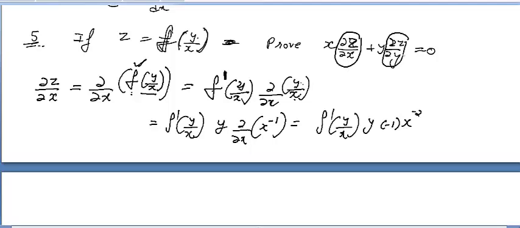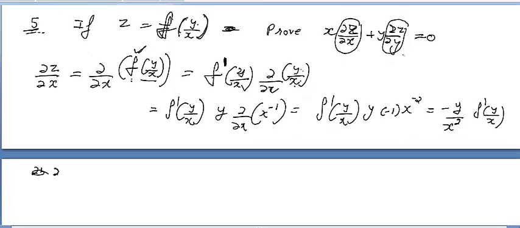So you will get minus y upon x square and f dash (y over x). You will keep this thing as it is, and we will find derivative of z with respect to y.